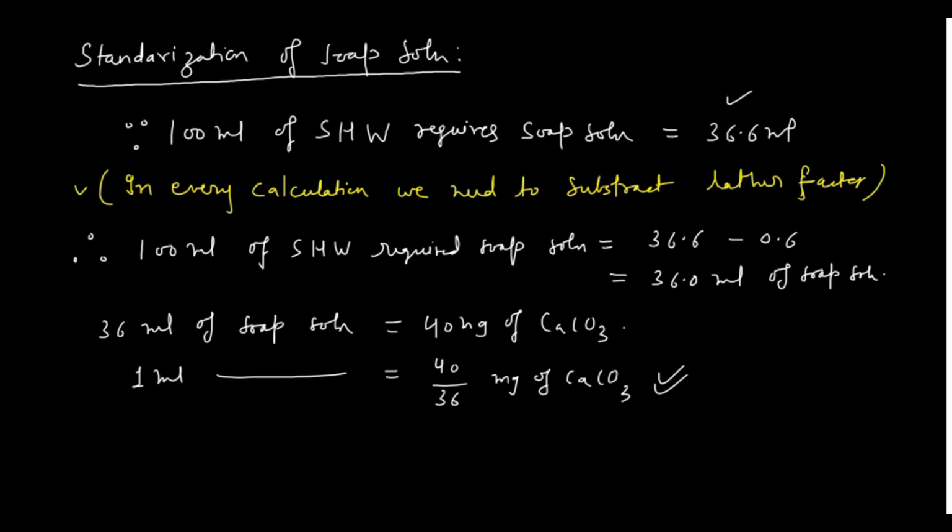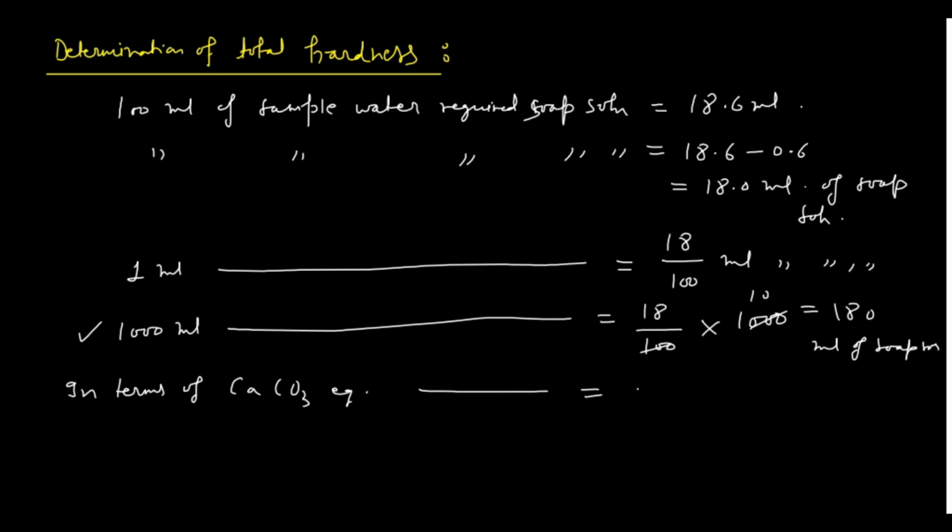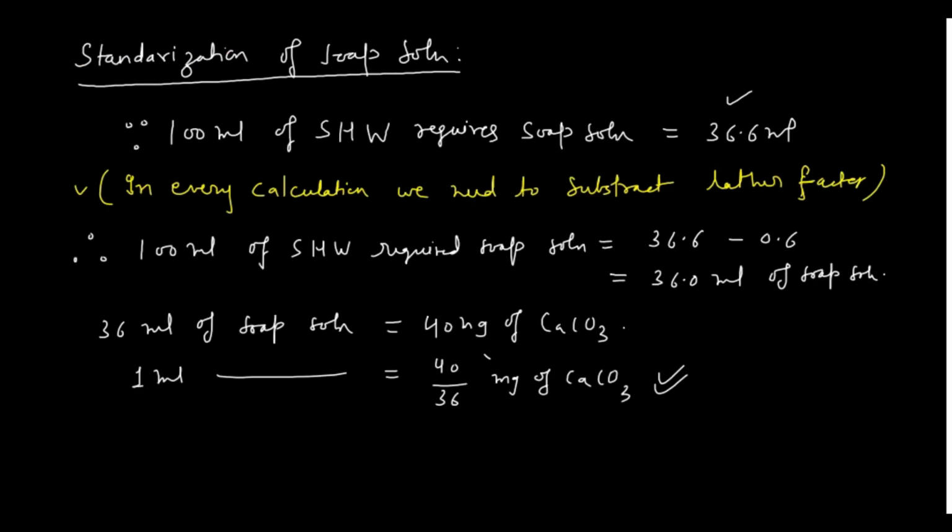If you want to convert that ml into the milligram of the calcium carbonate, you need to multiply with the factor, this value 40 by 36, right? So what we will do here, this is your 180, and now you will multiply this with 40 divided by 36. Let us check whether it was, yes, it is what?